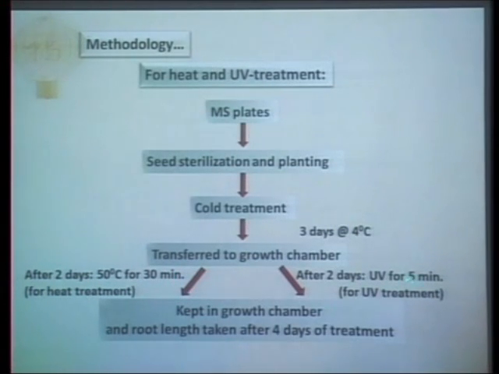And the UV treatment was given under the UV light for just 5 minutes. They were again transferred to the growth chamber after the treatment, and root lengths were measured 4 days after treatment. Combined, it will be 6 days, because we took the data 4 days here and they had already stayed in the growth chamber for 2 days. So we took data after 6 days.